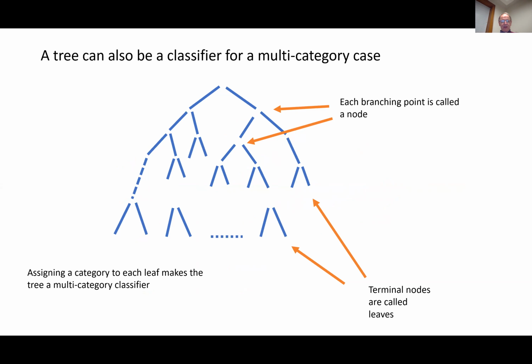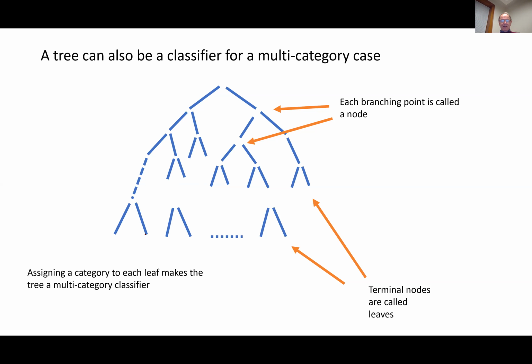If we have constructed a tree like this, we can send an arbitrary data point through all these nodes and end up in what we call the leaves, or the terminal nodes of the tree, and that will then decide which category a given data point belongs to.